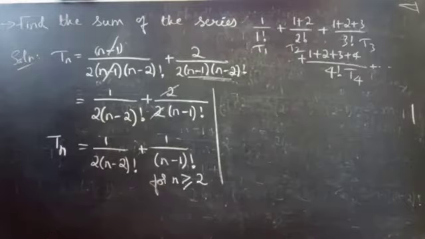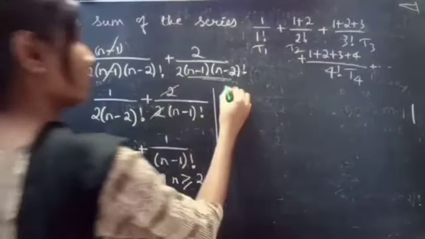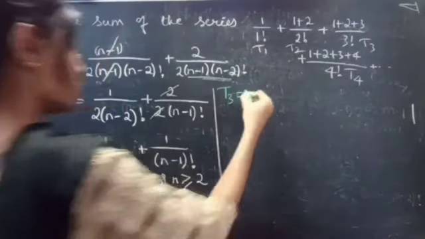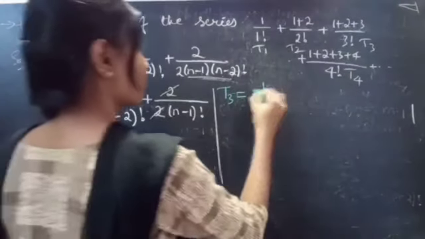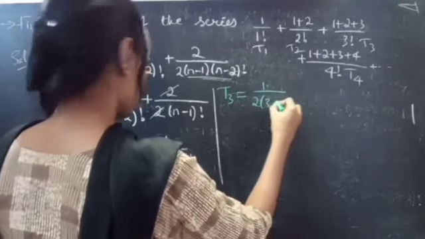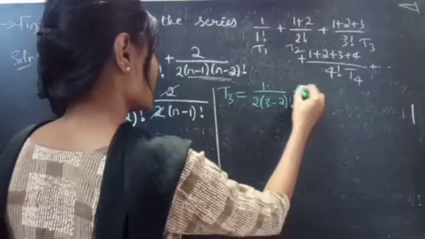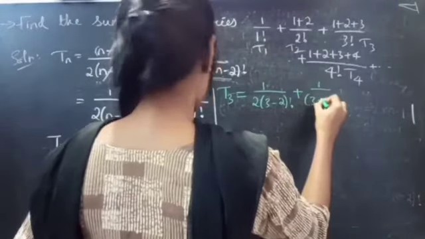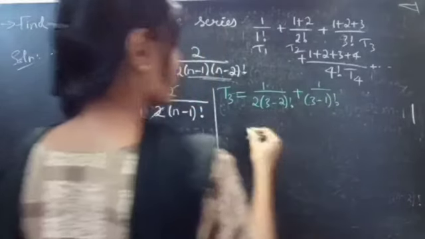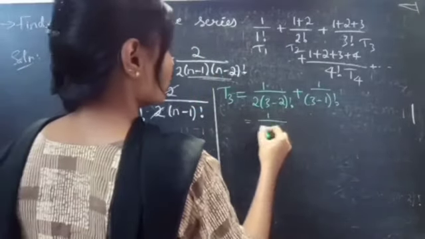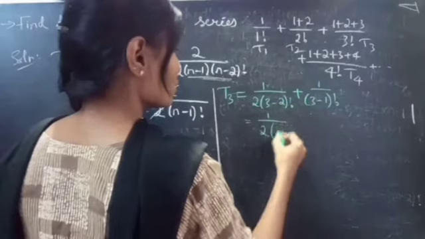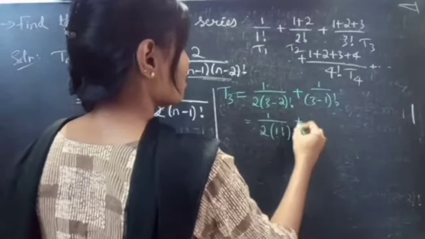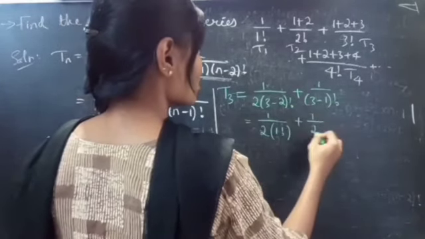Now let's check for 3. For n equals 3, T3 equals 1 by 2 into 3 minus 2 factorial plus 1 by 3 minus 1 factorial. So this equals 1 by 2 into 3 minus 2 is 1 factorial plus 1 by 3 minus 2 is 2 factorial.